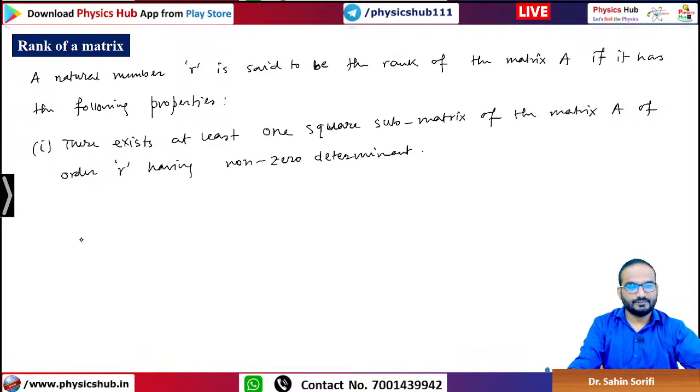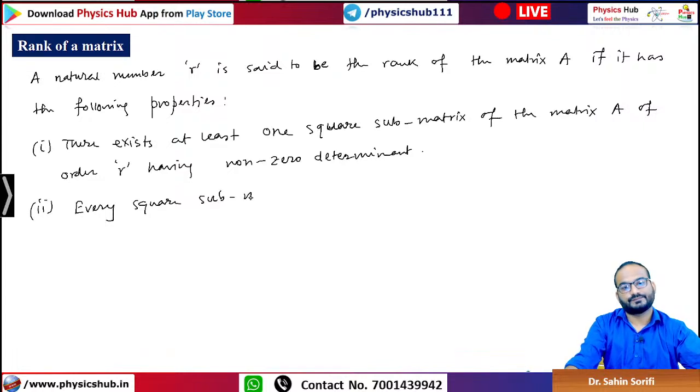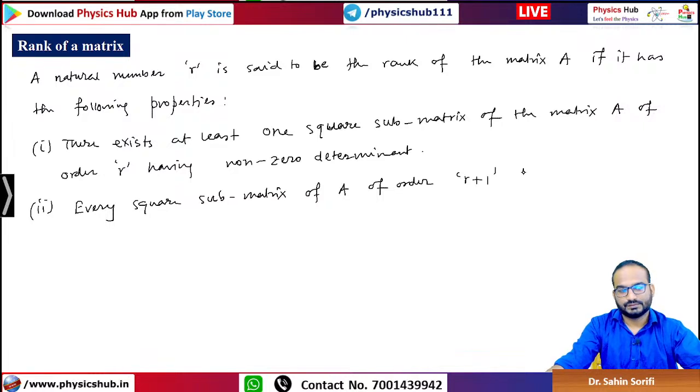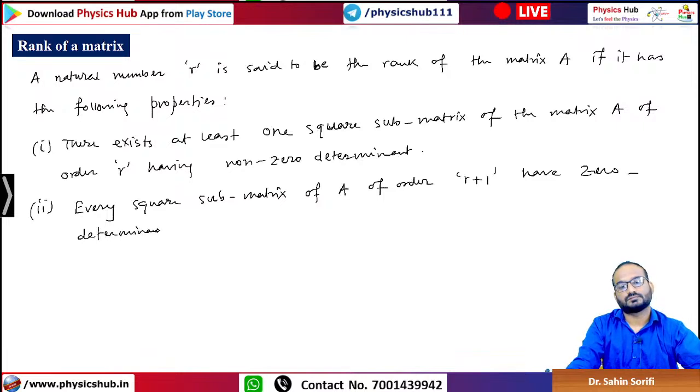Submatrix means a smaller matrix formed from the bigger matrix. Number 2, every square submatrix of A of order more than R, that is R plus 1, has zero determinant.